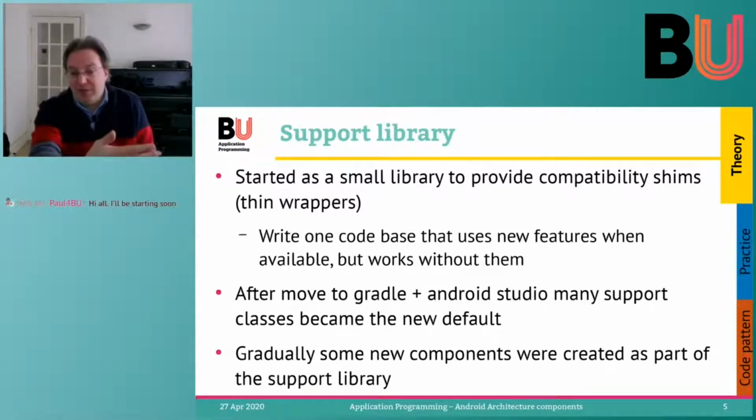When you ask, does it have a fingerprint scanner? It just returns false. So it doesn't implement anything, but your code will not crash because the API is not available. In some cases, it will actually implement a workaround that gets the same behavior, but not as ideally as with the proper version. So the support library has a lot of these compatibility elements implemented in it.